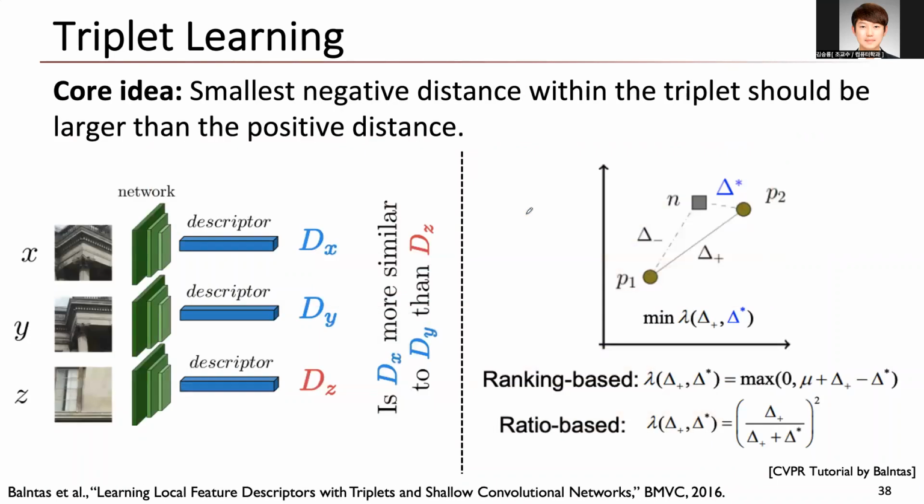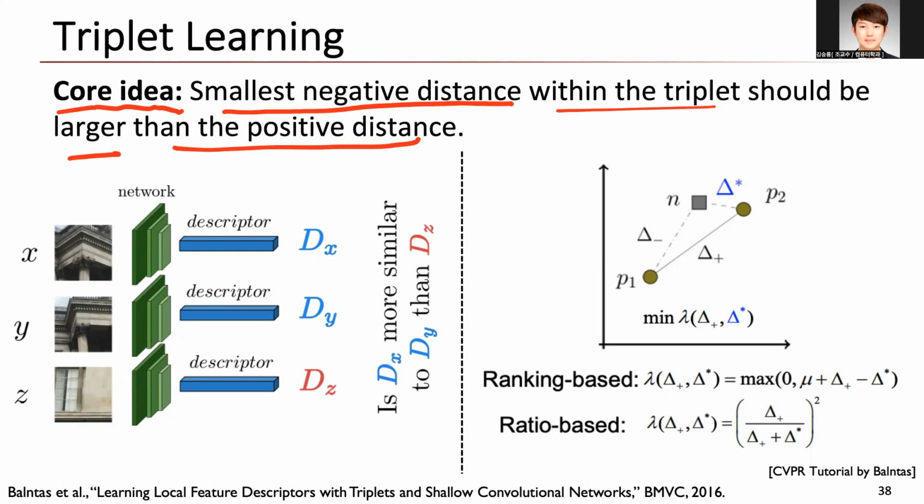All right, let's continue. Questions so far? Nope. Okay. So after this paper, there was another paper, learning local feature descriptors with a triplet loss and shallow convolutional networks. The idea is very similar, but the core idea of this paper was that the smallest negative distance in the triplet should be larger than the positive distance.